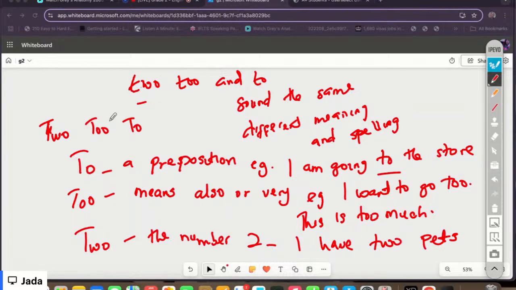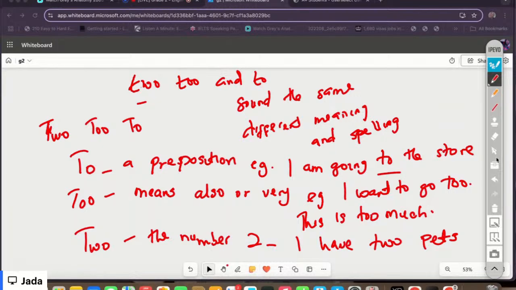You would see them with the same sound, but obviously they have different meanings and different spellings. We have different homophones, a lot of them. So this is for two, to, too.